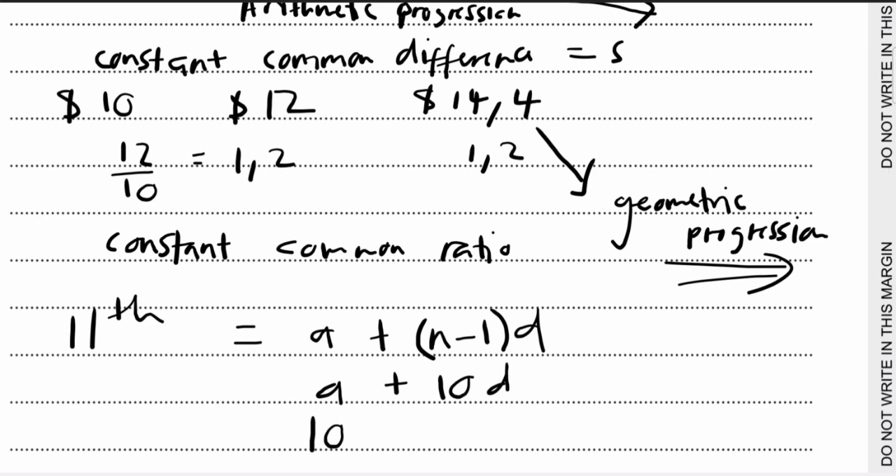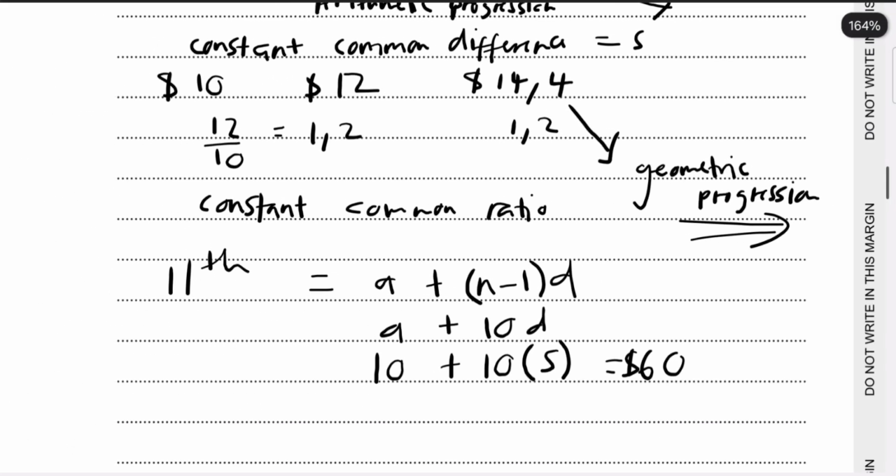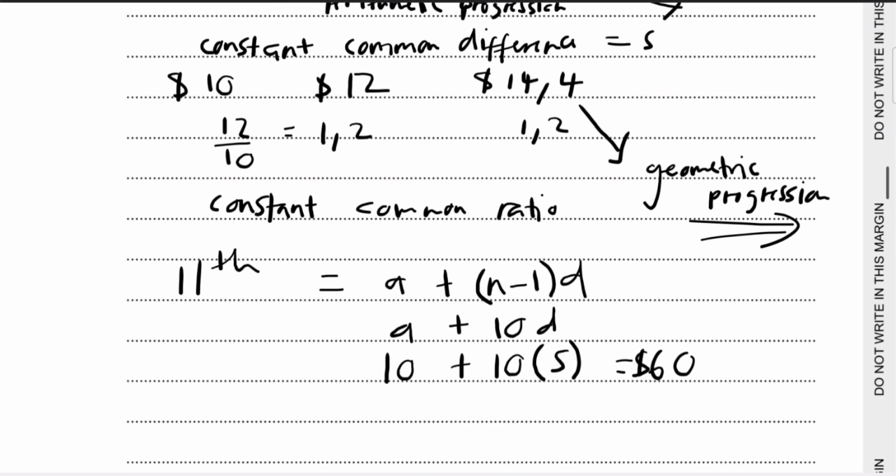And our a is 10, and our d is 5. And that gives us 10 times 5, 50 plus 10, $60 from the father.